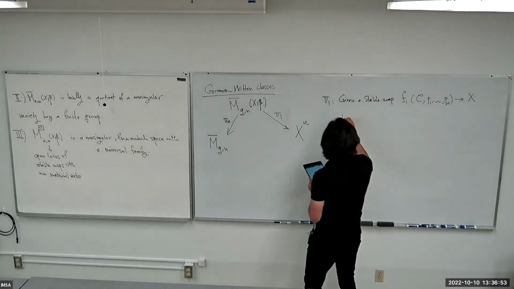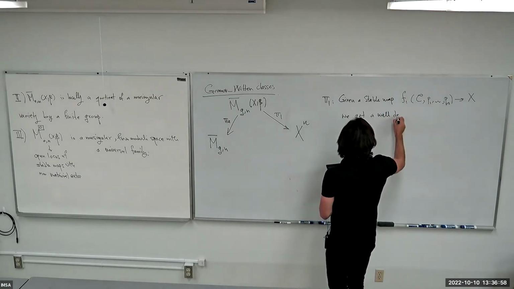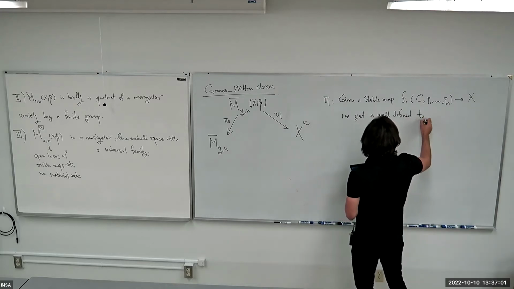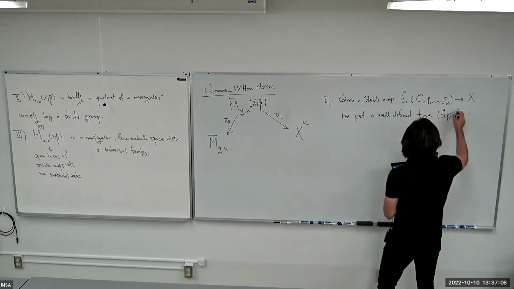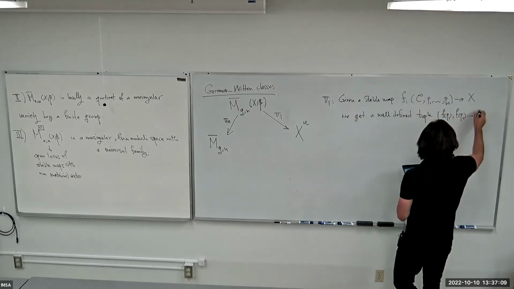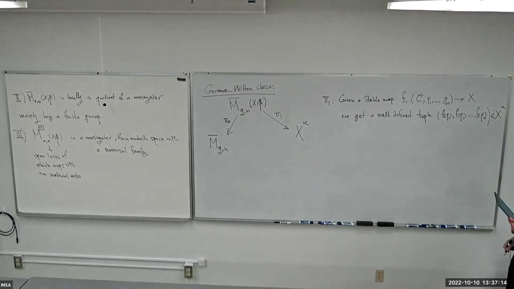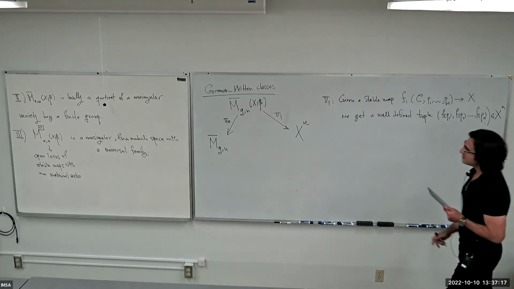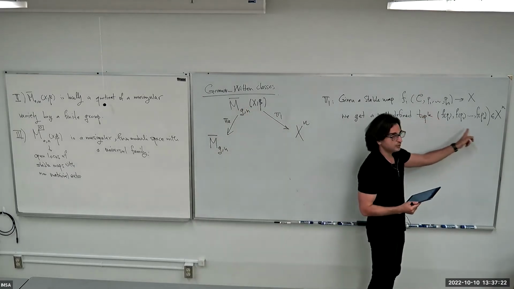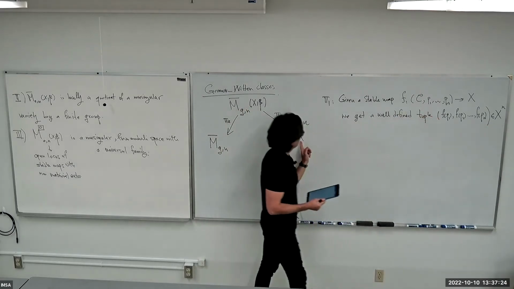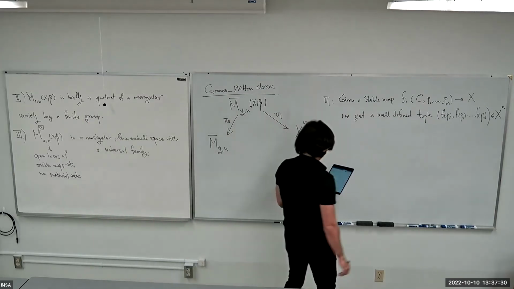So we get a well-defined tuple f(p1), f(p2), ..., f(pn), and this belongs to X^n. So as soon as you give me a point in here, via this evaluation map, I land on this space. So that's pi 1.